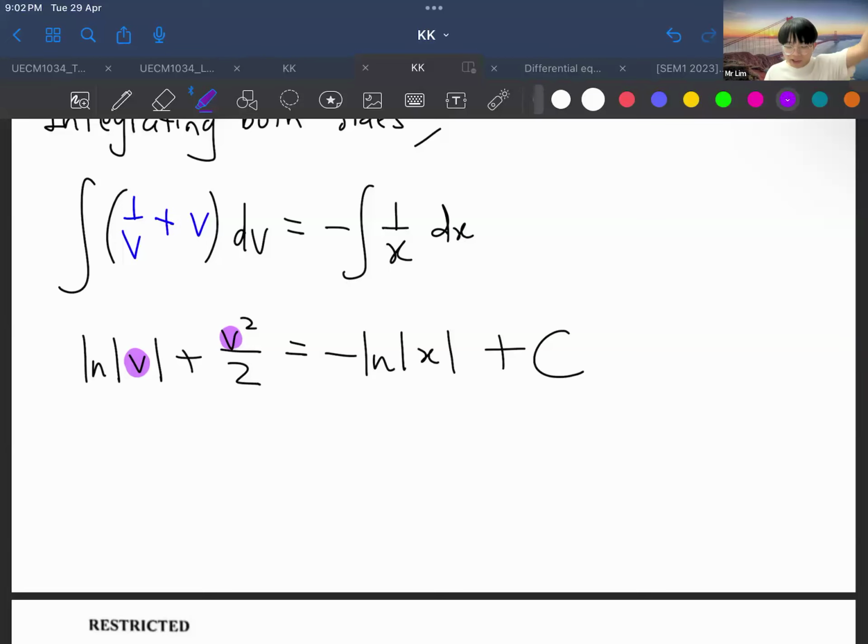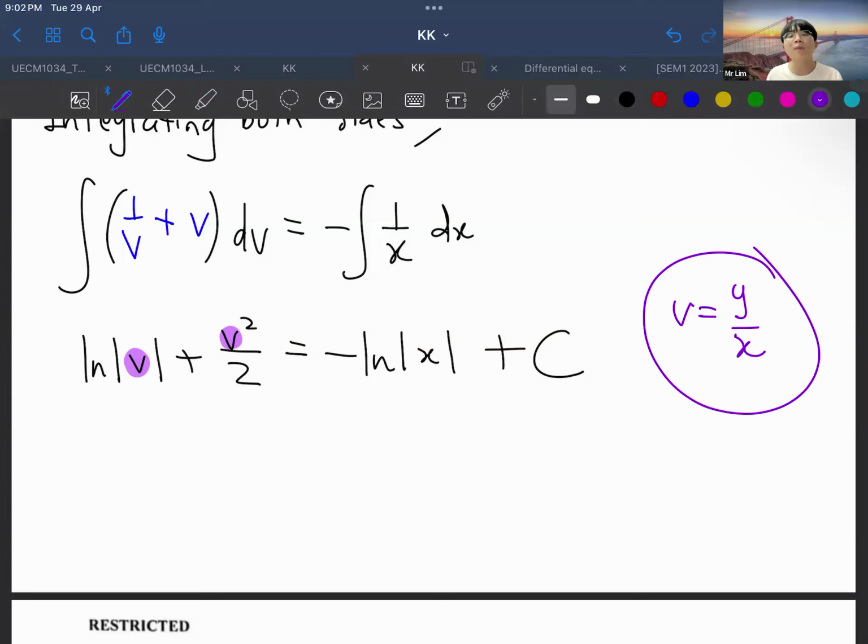At the very, very beginning, we say v is equal to y over x. So this is where the substitution comes from. So now we substitute, we replace our v with y over x, so you can get back. Y over x square. Just give some color to you.